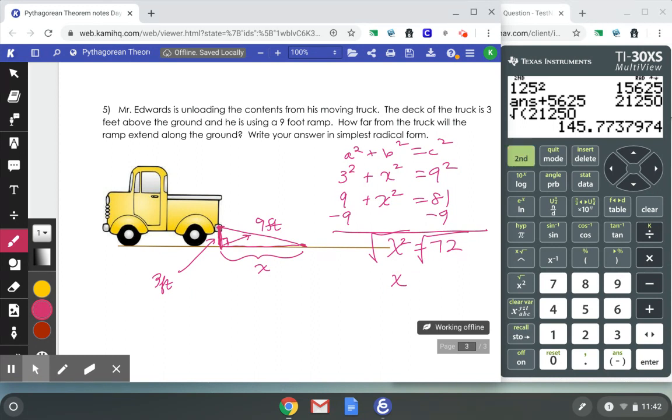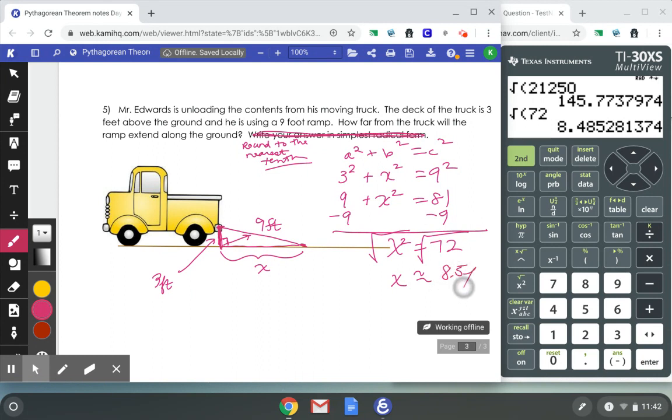And now the square root of 72. We're going to ignore the simplest radical form. Let's round to the nearest tenth. So x is going to be approximately 8.5 feet.